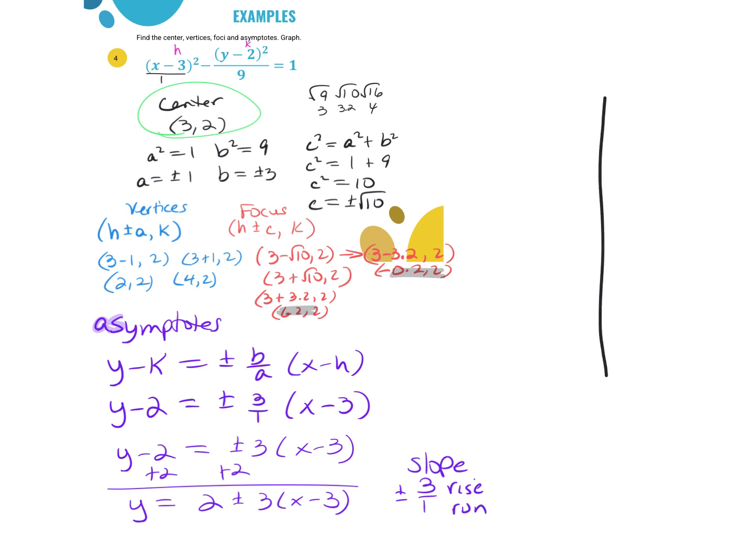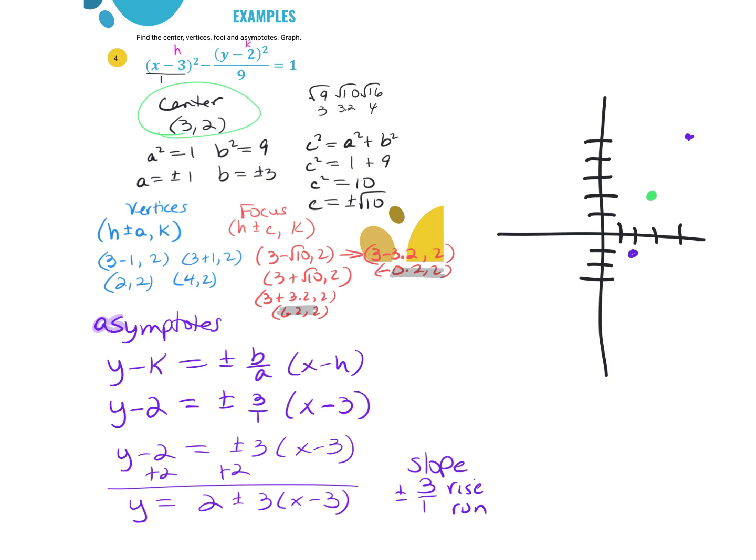So if I graph my center point, which was the ordered pair 3, comma 2. From that center point, I'm going to rise 3 and run 1. So I'll go up 3 and over 1. I can also go down 3 and over 1.